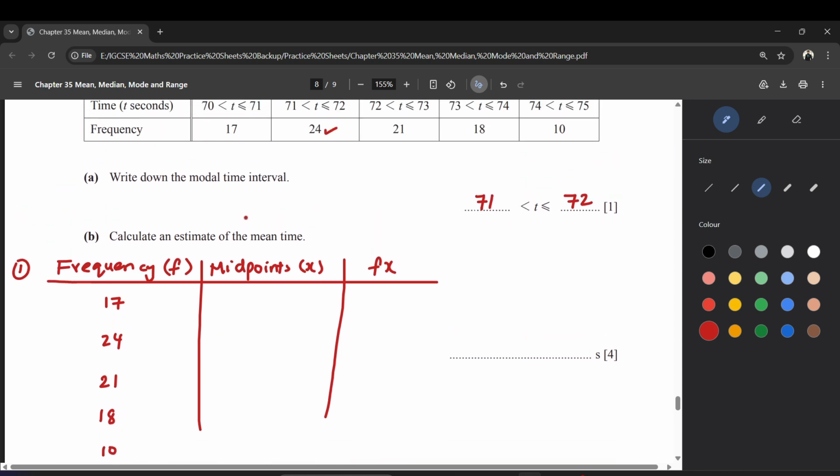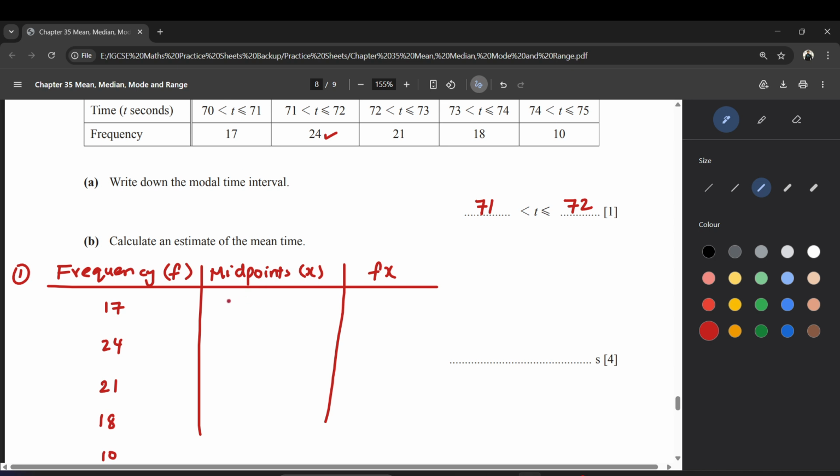The midpoint is going to be 70 plus 71 divided by 2, that would be 70.5. Then 71 plus 72 divided by 2, that would be 71.5. Then for a frequency of 21, it would be the midpoint of 72 and 73.